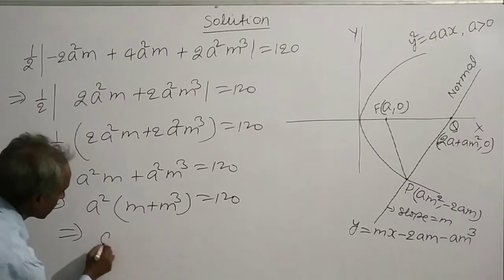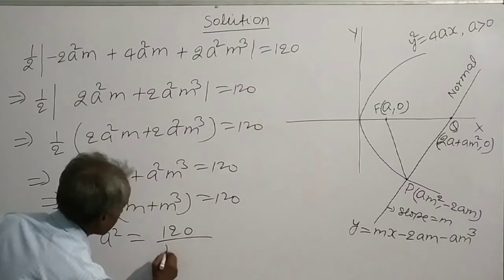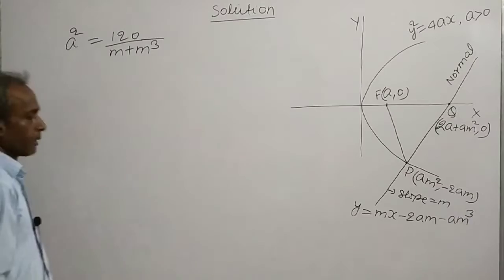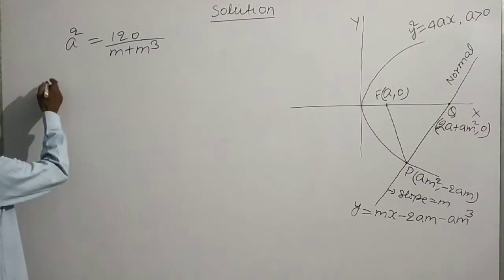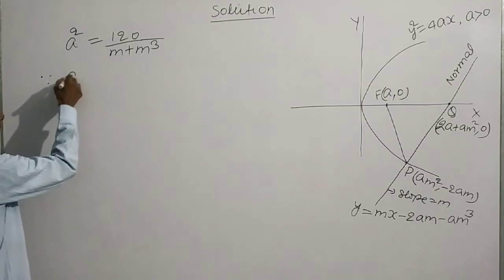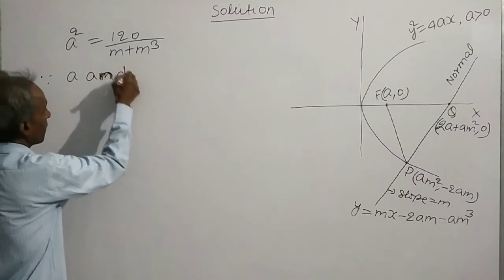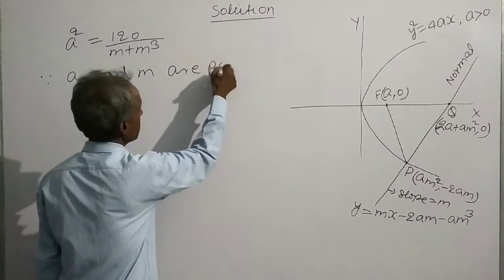This implies a square is equal to 120 by (m plus m cube). It is given in the question that a and m are positive integers.